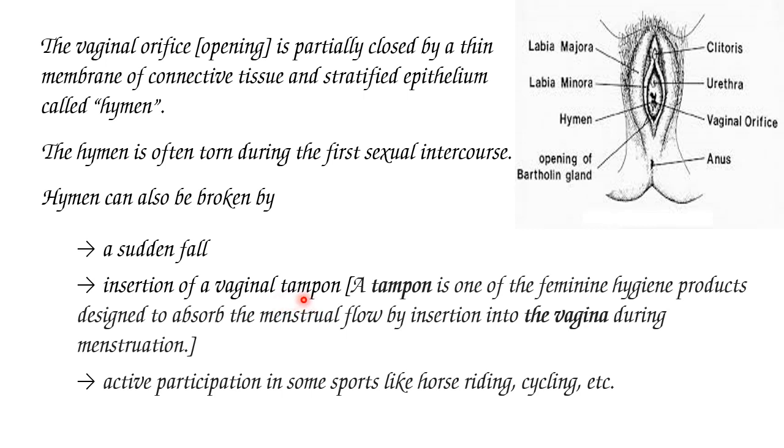So what is this tampon? Tampon is one of the feminine hygiene products designed to absorb the menstrual flow by insertion into the vagina during menstruation. In some women, the hymen persists even after sexual intercourse.